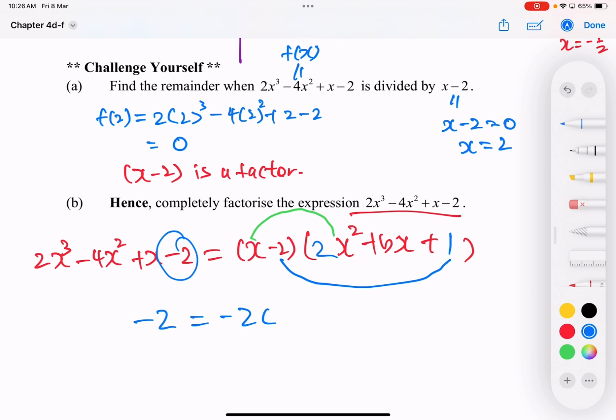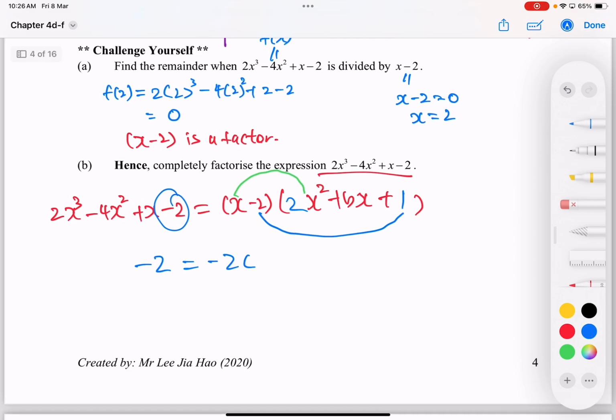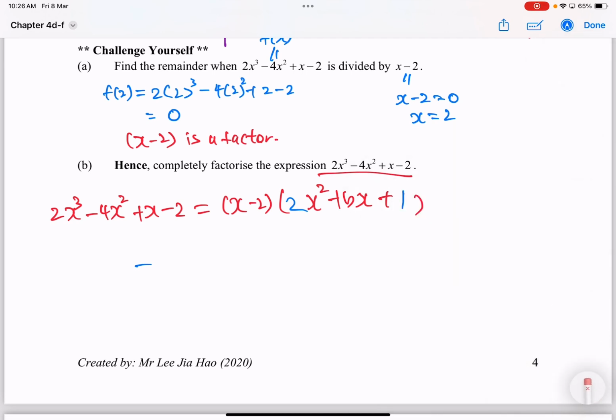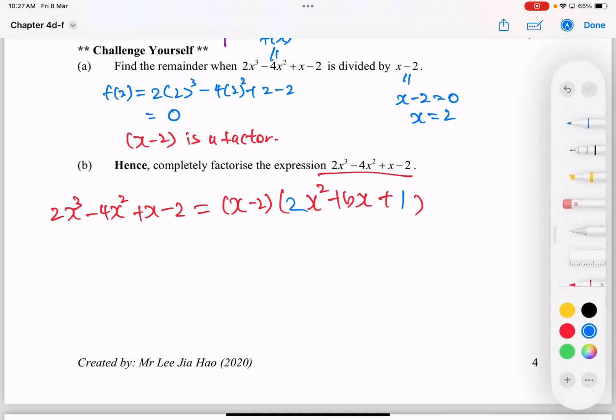bx. How do I figure out what b is? If you really cannot figure things out, another method is to just expand it, which I'll do very quickly for you. Don't worry, the expansion is not disgusting, it's actually quite okay.